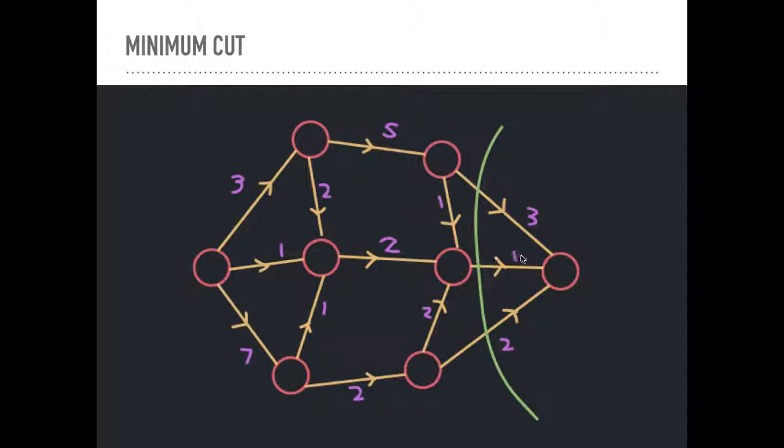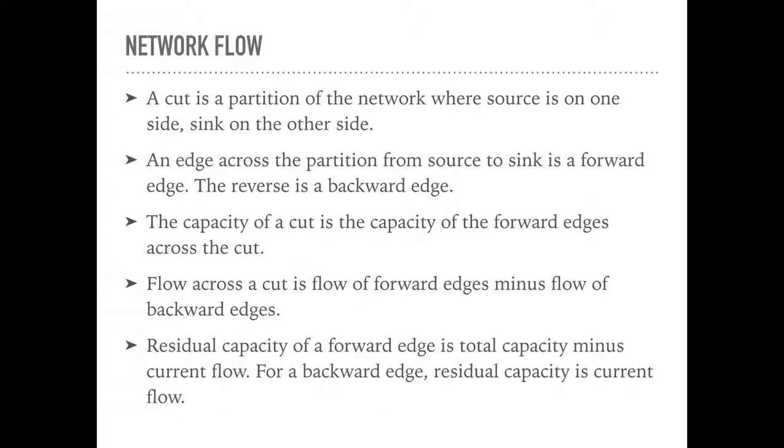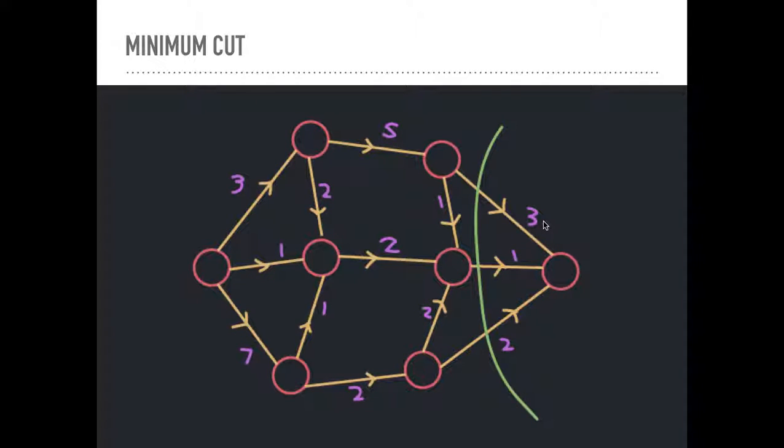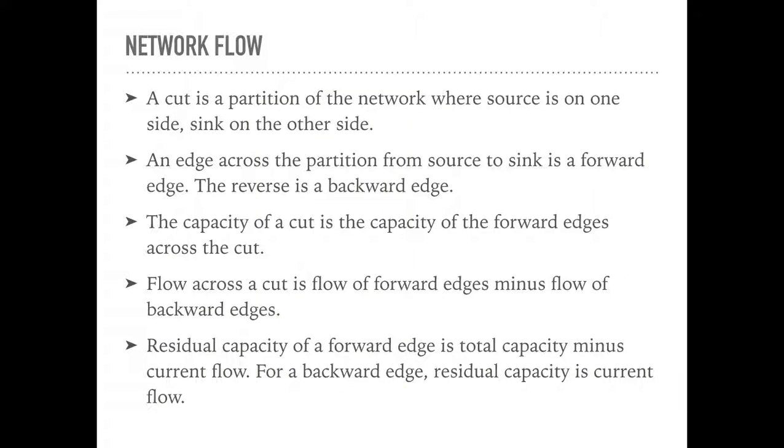We sum the flow across the forward edges, and we subtract from that sum the backward edges. Like we said, suppose this was backward, we would subtract that. But if you're talking about just the capacity of the cut, don't worry about backward edges.